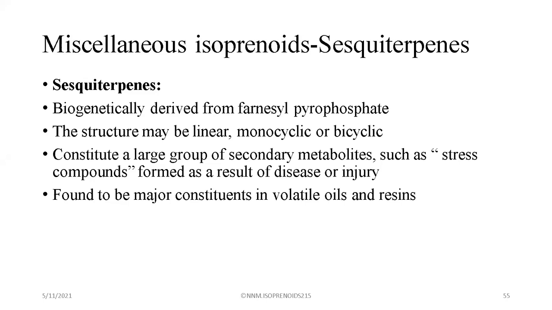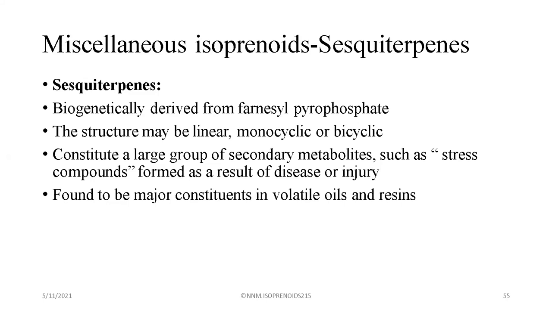Their structure can be linear, monocyclic, or bicyclic. And most of them are secondary, they constitute a large group of secondary metabolites, which are those stress compounds that are produced either when the plant is injured or has a disease, the ones we were discussing, like kino, gums and such.